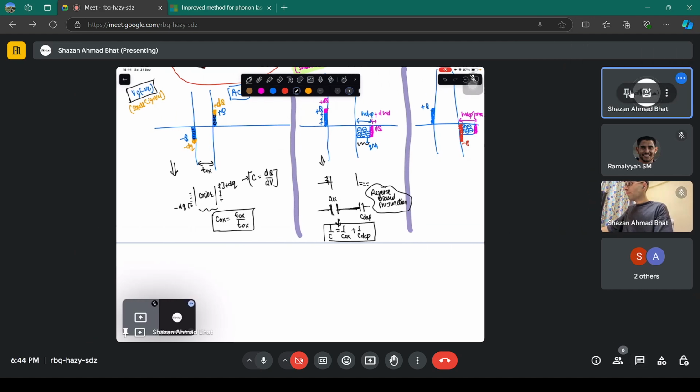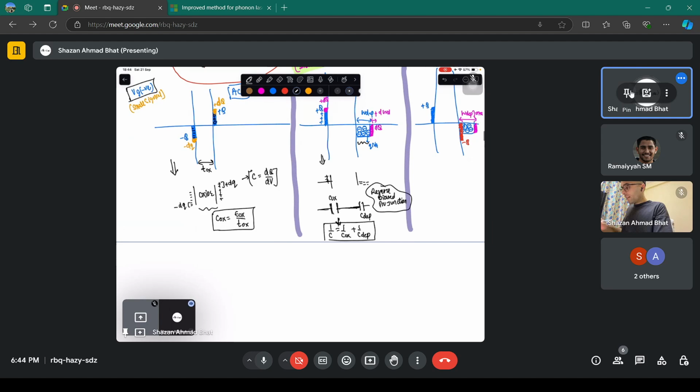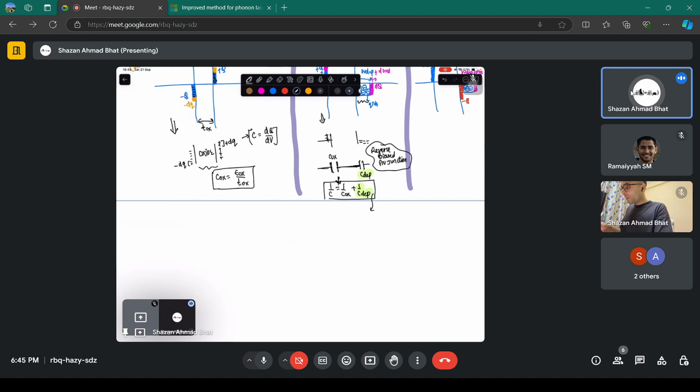Now you get something interesting here, which is 1 by C depletion. This C depletion, the depletion capacitance, is equivalent to the permittivity of the silicon divided by the depletion width.